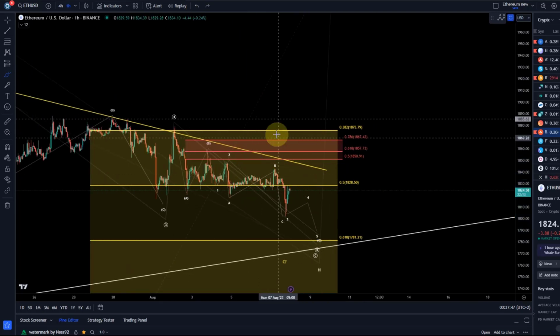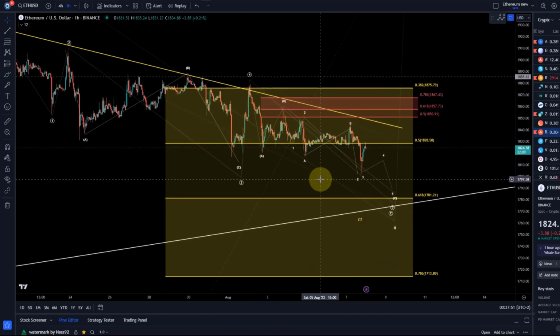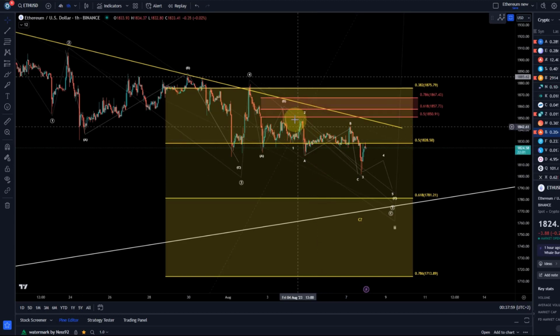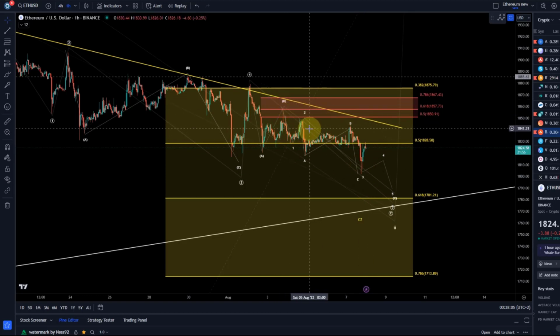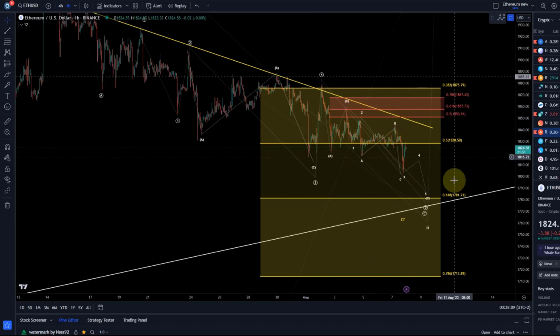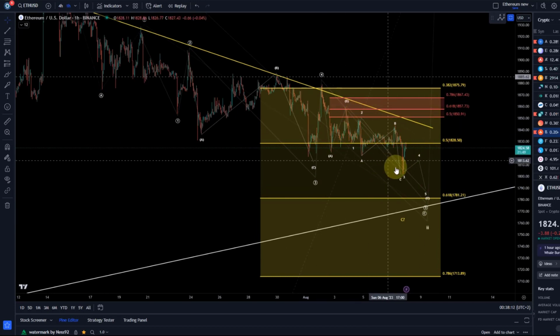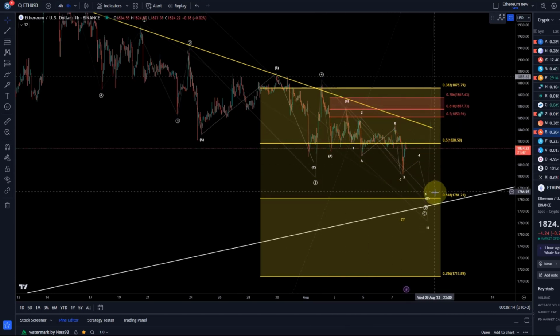I'm amazed that it still follows these smallest degree waves at the moment, but you can't put too much predictive qualities into them. You can't even go any smaller, especially because we're not dealing with an impulse, we're dealing with a diagonal. So be a bit careful about these waves. I'm not telling you we will definitely get this 4, 5, or it might actually be 2 more lows, whatever.